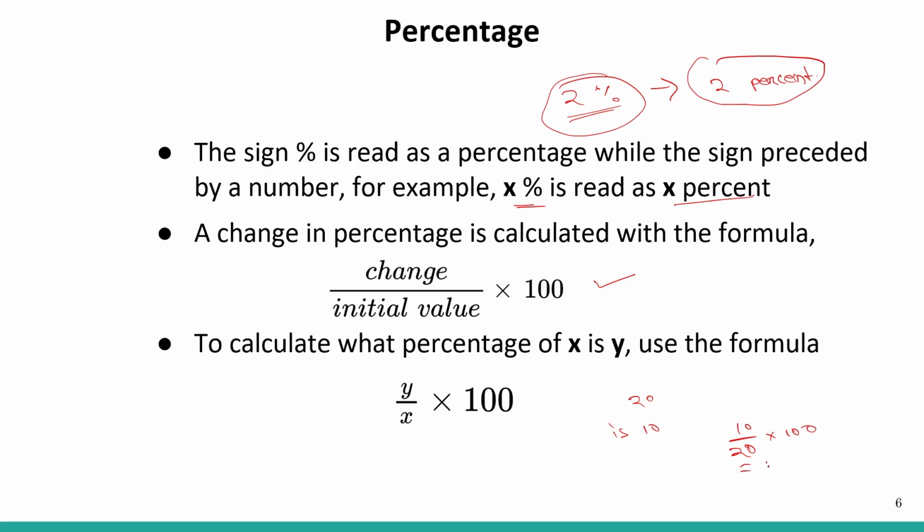So this is nothing but 0.5 into 100, that is equal to 50. Okay, so 50% is 10 of 20. If you have 10 out of 20, then you have 50%.